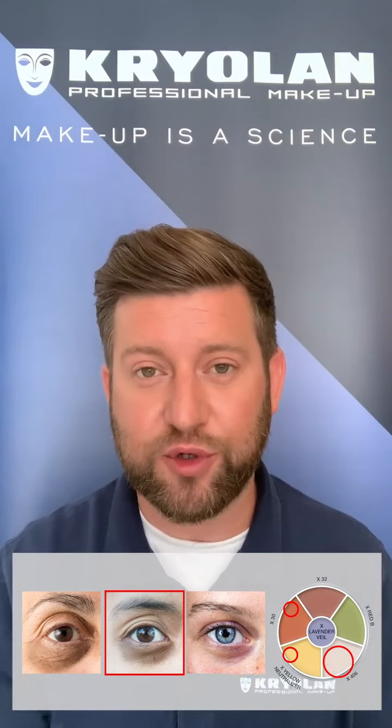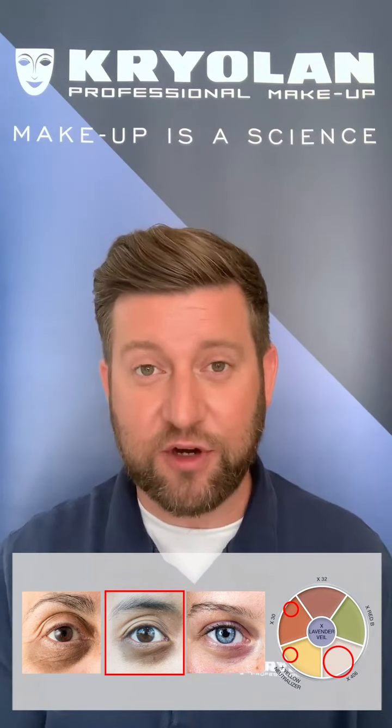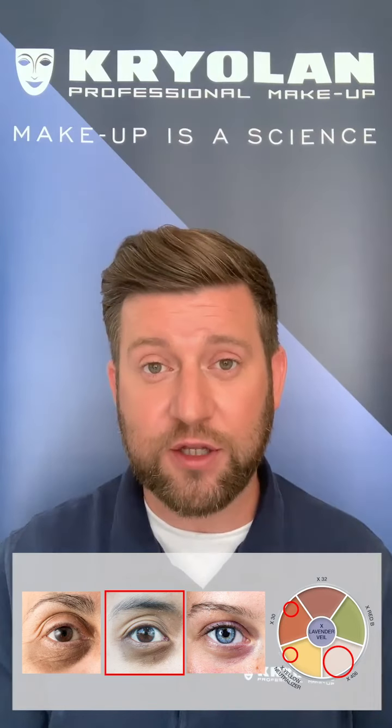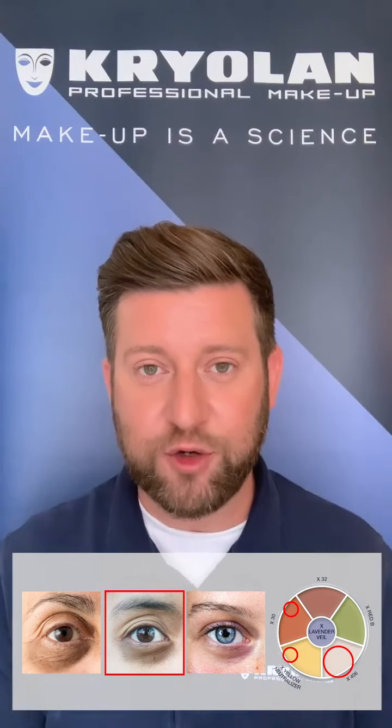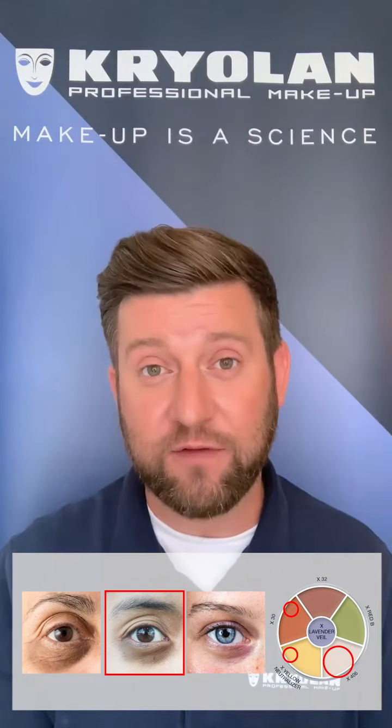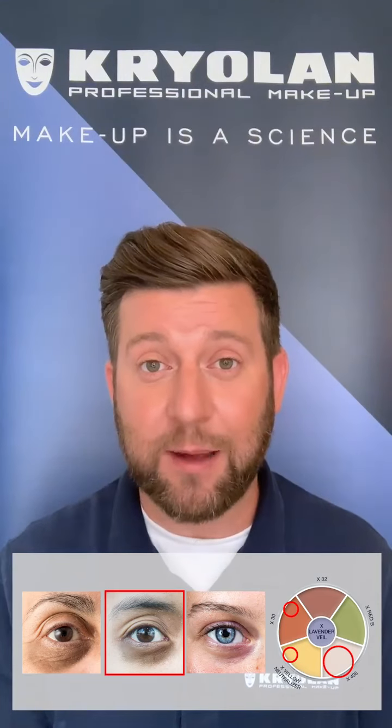Then we've used the X Yellow in order to give it that undertone that we see within the skin, and the X30, the bright orange, to actually counteract that kind of blue-green in the actual dark circles. So the combination of these three tones again brings it closer to the example's natural skin tone, and then the corrector tones are in there to help neutralize the pigment, but without warming the skin too much. This again would achieve a really believable cosmetic camouflage.